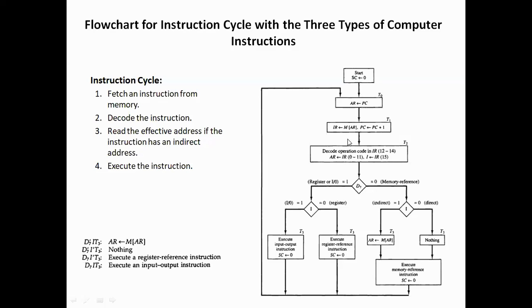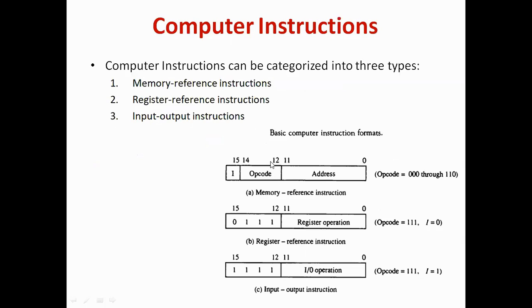The second is decoding. So the second is decode the instruction. Decoding means understand the instruction, what is it? And we just saw here that this is the opcode, this part. So we have to decode this. The bits 12 to 14, we have to decode them.